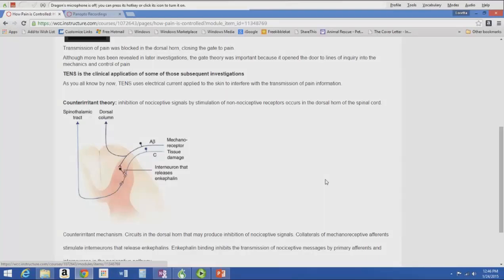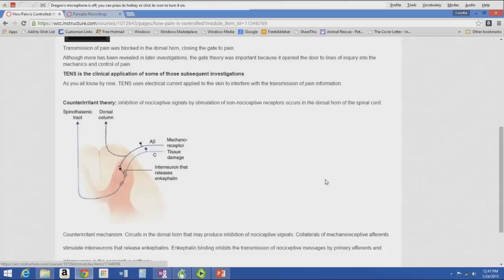A lot of the treatments and modalities that we use in physical therapy are based on these pain theories, and it's the explanation of why they work. It's the neural explanation of why they work.